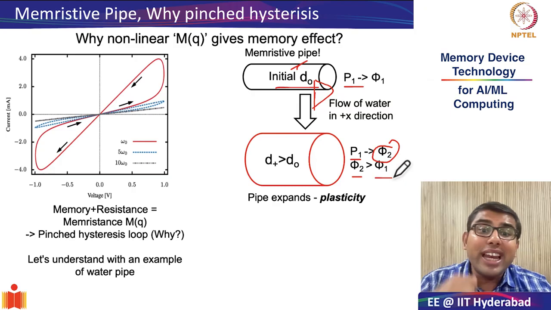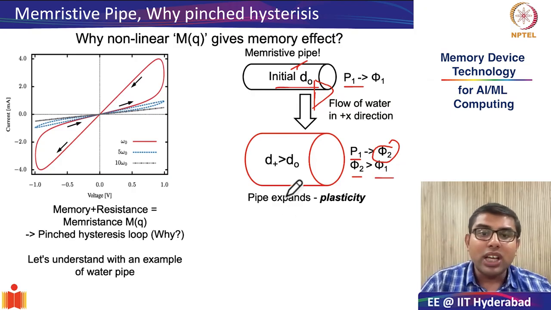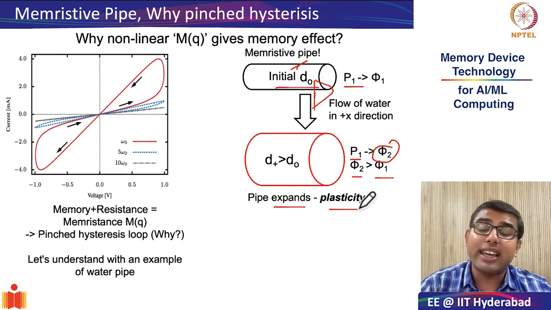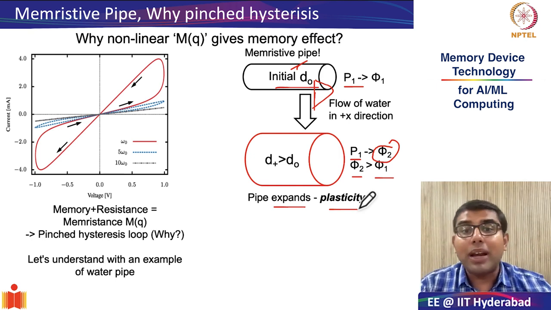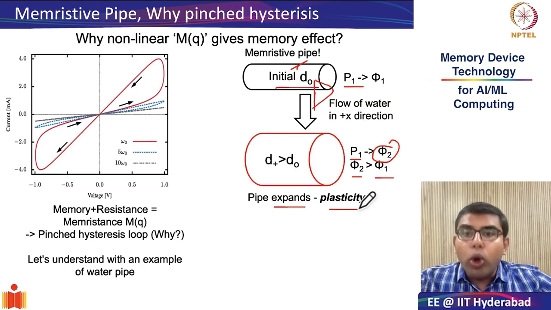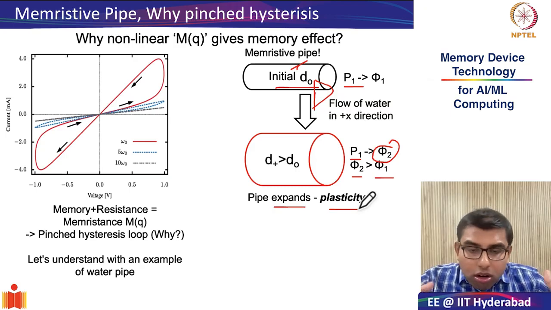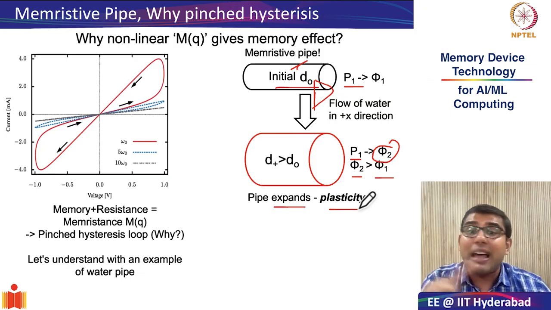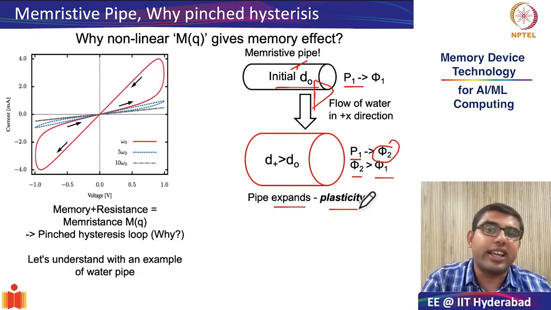However, what is very fascinating about the pipe is that the expansion of the pipe is plastic. It is not elastic. What is the difference between plastic and elastic? Remember, elasticity is when you pull a rubber band and, when you remove the force, it comes back to its original position. That is not what is happening here. Here it is not elastic, it is plastic.